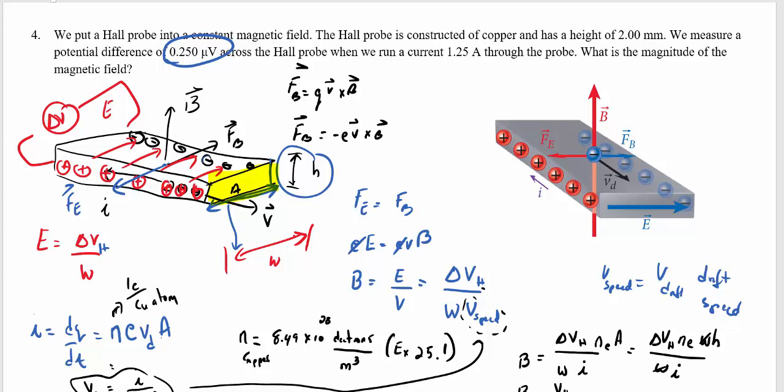We know the current I, we know the Hall voltage is 0.25 microvolts. We now know the number of charge carriers per cubic meter and the elementary charge. You can plug that in to determine the magnetic field in which the probe is inserted.